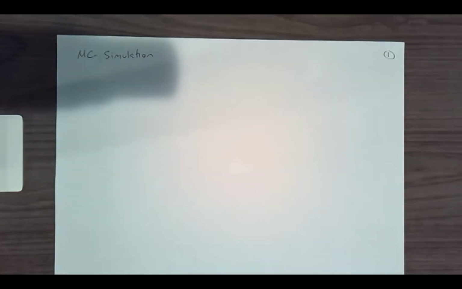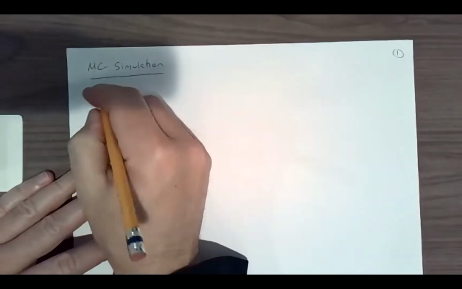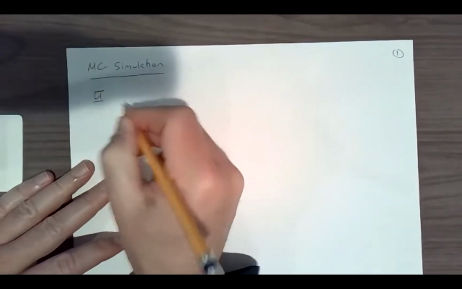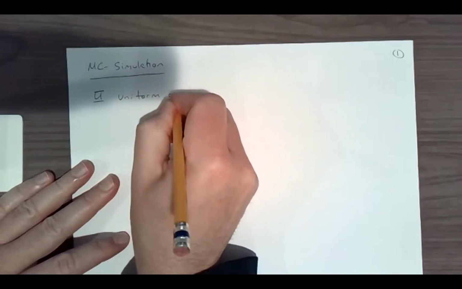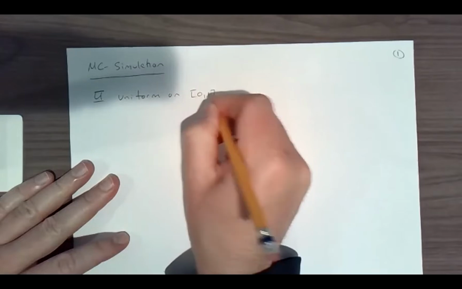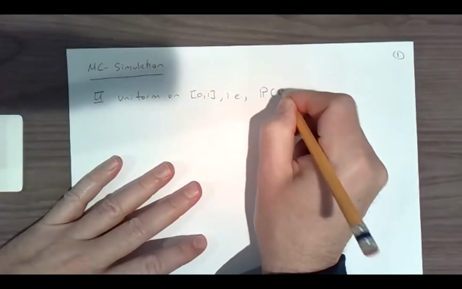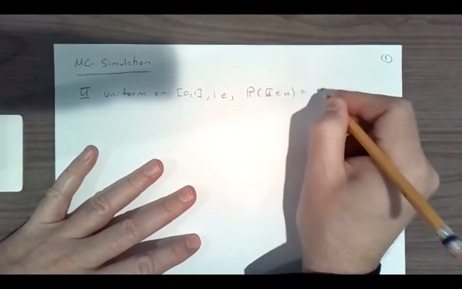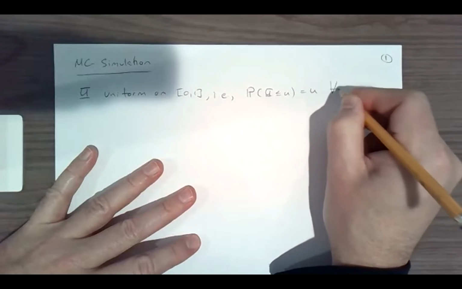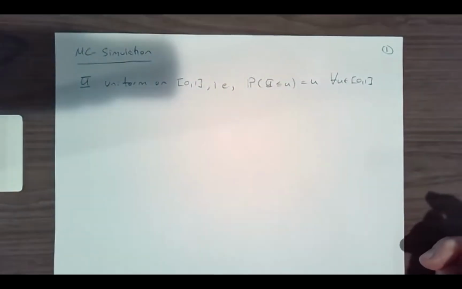The starting point is that U is uniform on the interval 0, 1. That means that the probability that the random variable is less than a constant little u is just equal to u for any u between 0 and 1. That's what it means to be uniform.